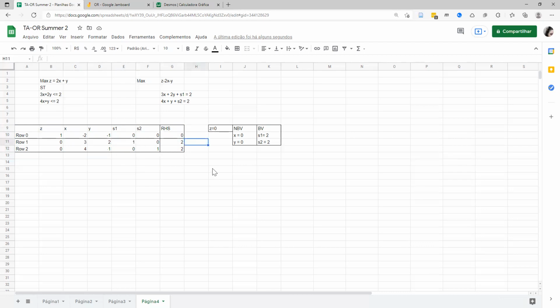That's one way we know that a variable is inside the basis. So we know that our basic variables here again are going to be s1 and s2.